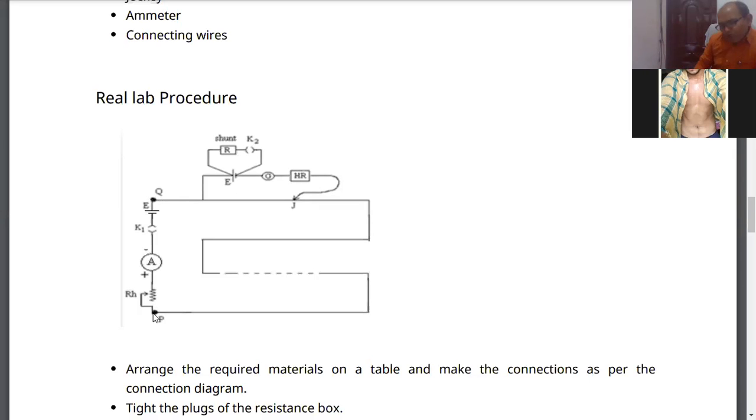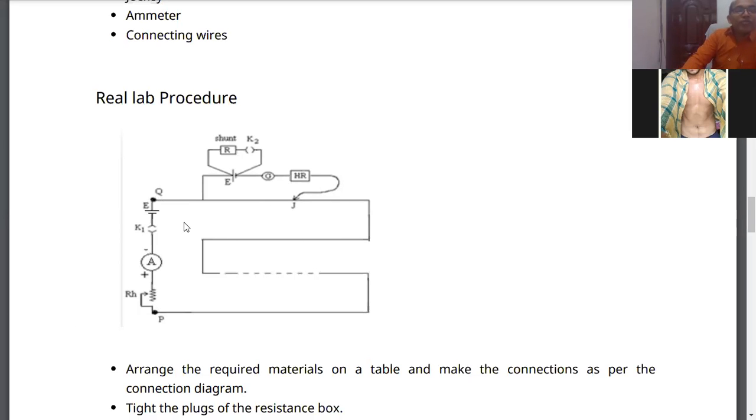So a potentiometer can be connected in any order. There is no importance of order to be followed, because the potentiometer's terminals are not fixed as positive and negative. So once you decide, it depends upon you which terminal you make positive and which terminal you make negative.